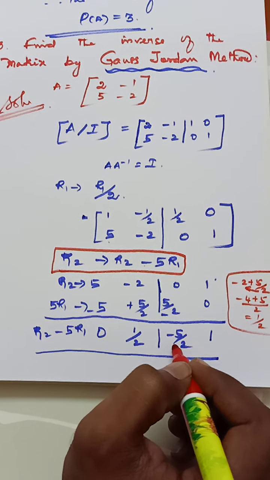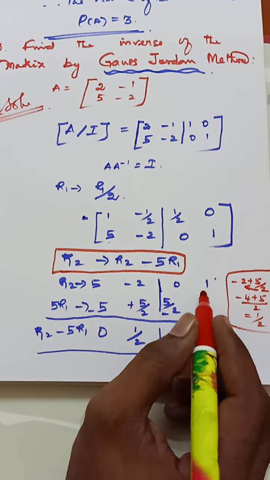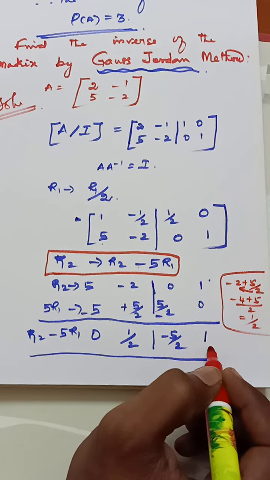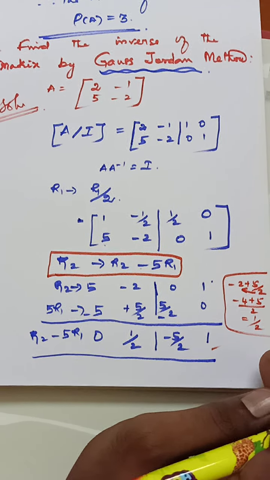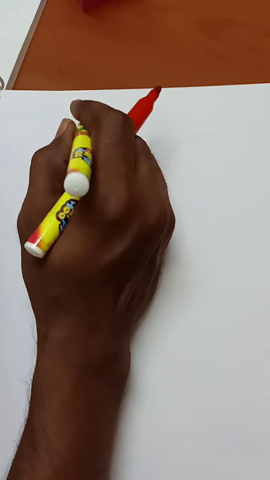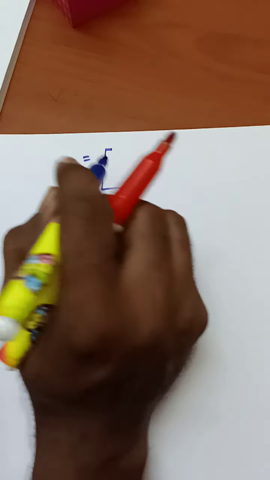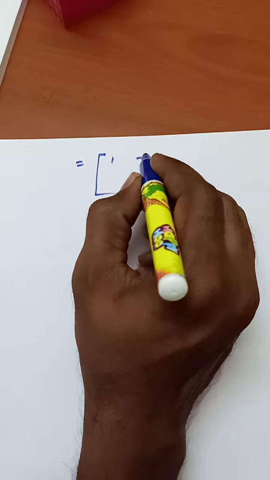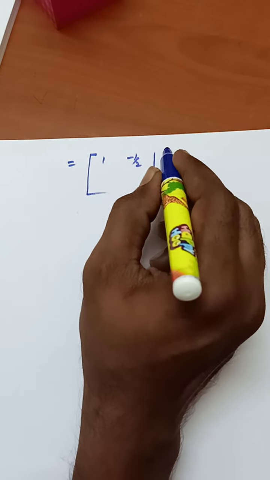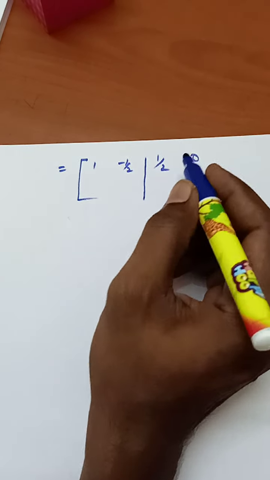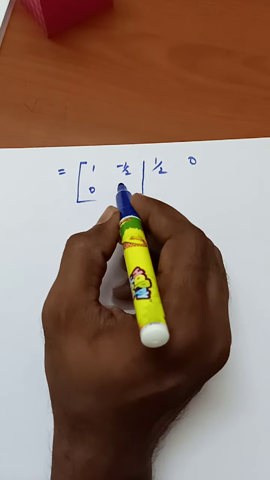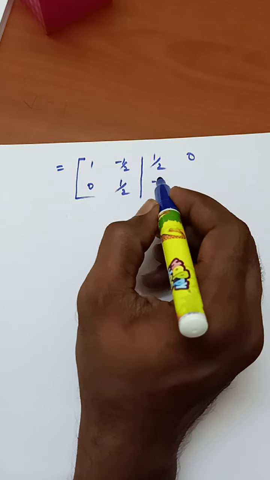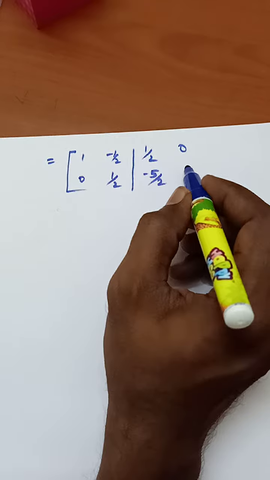Here 0 minus 5 by 2 is minus 5 by 2, 0, 1 minus 0, it is 1. So this is our new R2. And R1 is 1, minus 1 by 2, again 1 by 2, 0, and 0, 1 by 2, minus 5 by 2, 1.